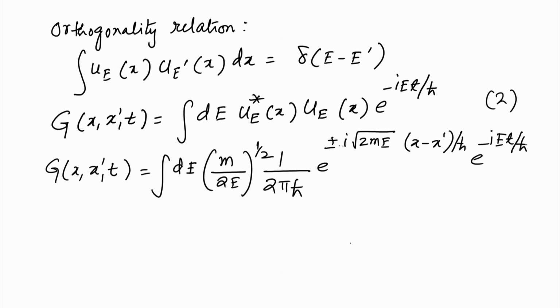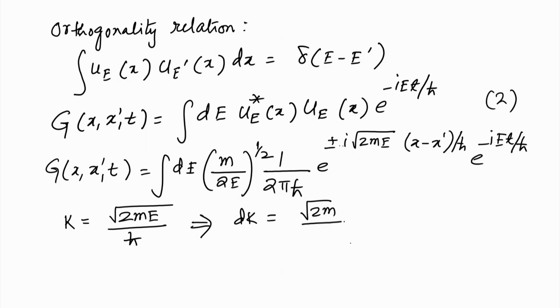So, this is the Green's function or the propagator for the free particle, and we have to solve this integral. To solve it, one can make a substitution k equal to root over 2 m e by h cross, which gives d k equal to root over 2 m by h cross times 1 by 2 root over e d e.